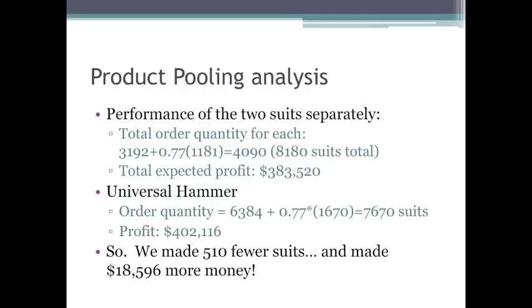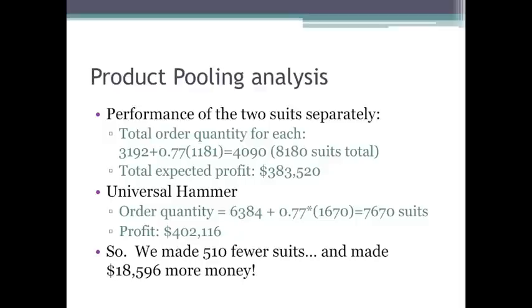And what we find, if we had taken the two suits separately, each had their own inventory and each had their own safety stock, and we find out what the critical ratio is, and we order that amount, and of course that gives us expected sales, expected lost sales, expected profit. Well, our total expected profit in this case, if they were separate, would be $383,520.